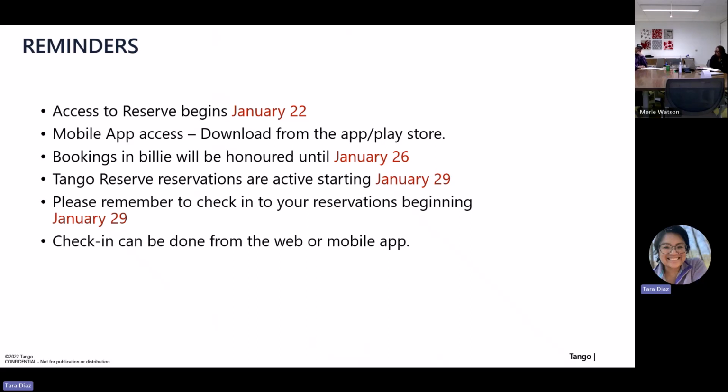And that your Billy reservations are good until the 26th. Just remember to log in to Reserve starting on the 22nd so you can book your reservations starting January 29th and beyond. And then on the 29th, just remember that you would need to check into your reservations, and you can use either the web interface or the mobile app to do that.